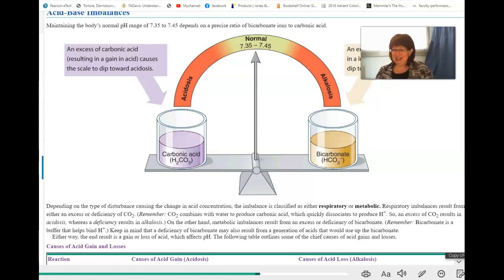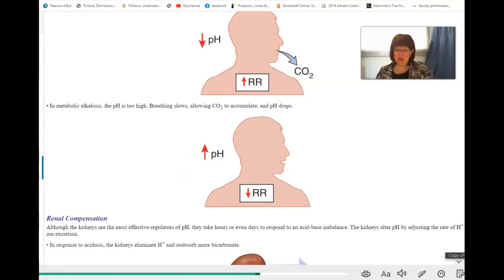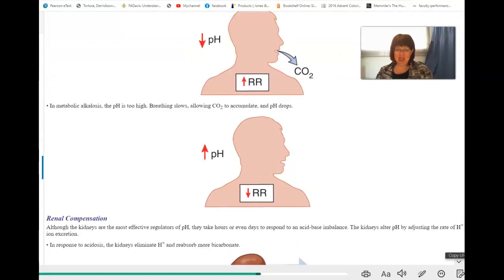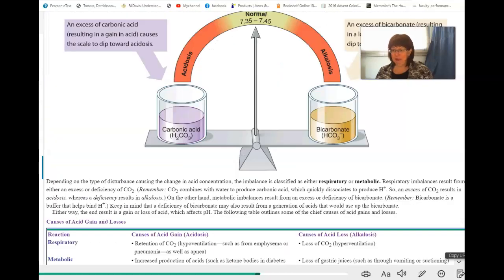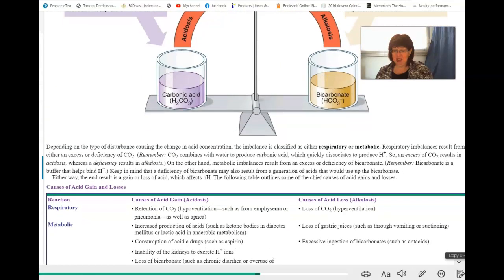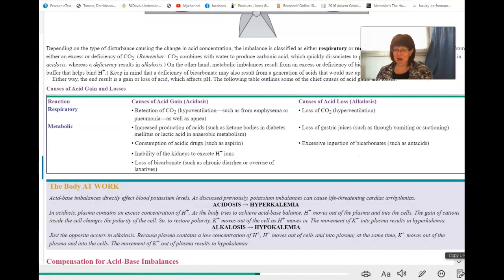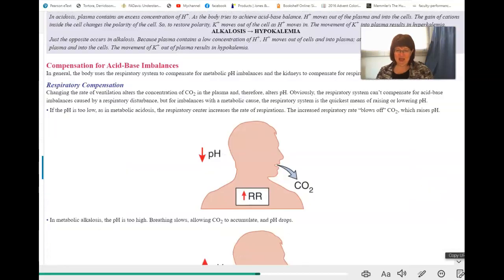And that is the easiest way to talk about compensation. The respiratory system compensates for the renal system. If one doesn't work to get rid of the problem, the other compensates. So that's kind of the way to look at it.